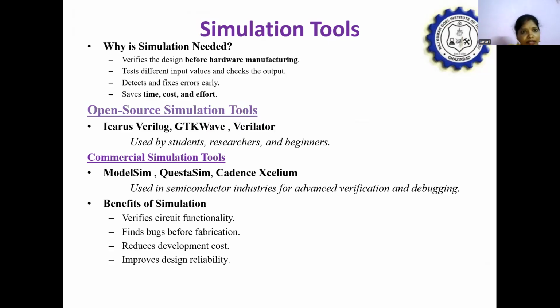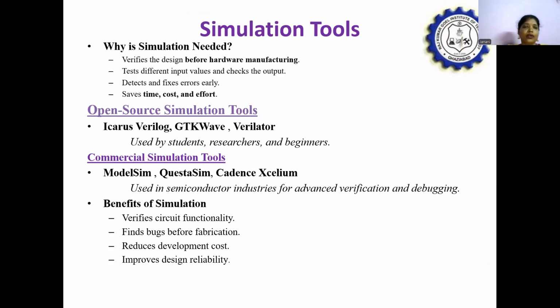With the simulation tool, we test the design by giving different input values and checking the output. If the output is correct, we proceed with the design. If there is any error, we modify the code, detect the error, and fix it at an early stage. Generally, simulation helps to save time, cost, and effort.